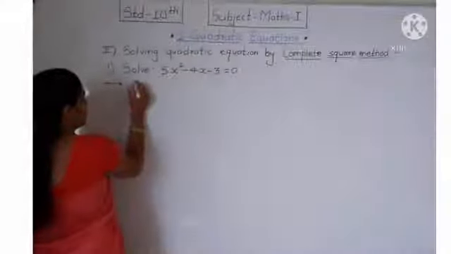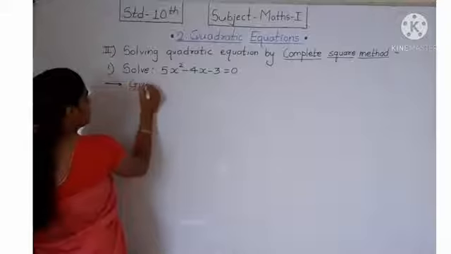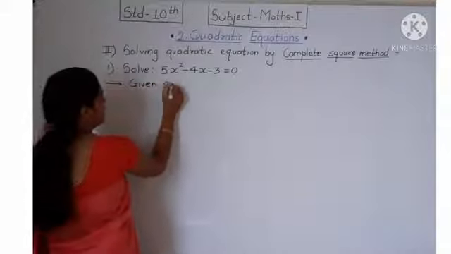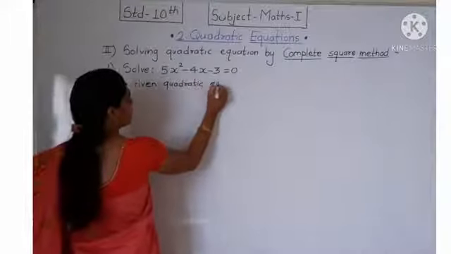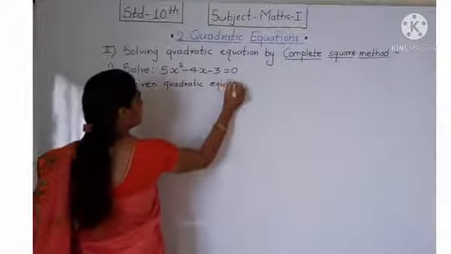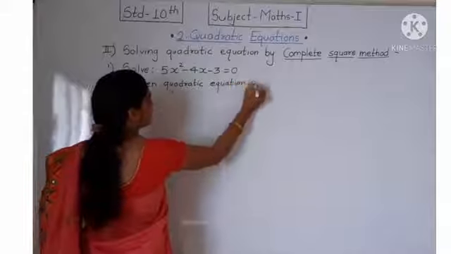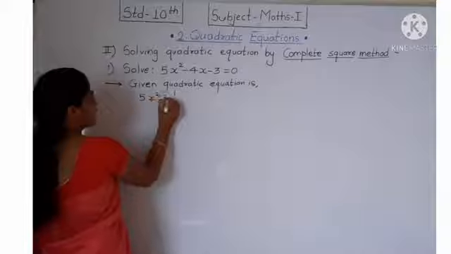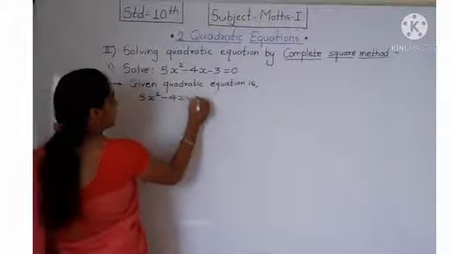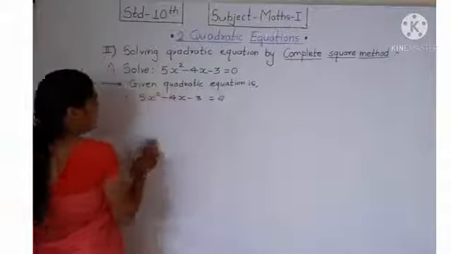Here I write the given quadratic equation: 5x square minus 4x minus 3 is equal to 0.